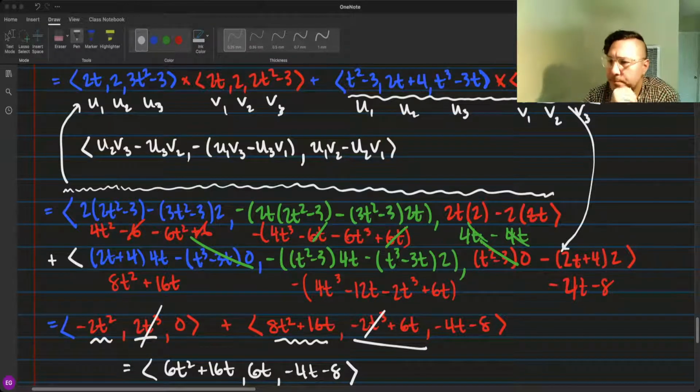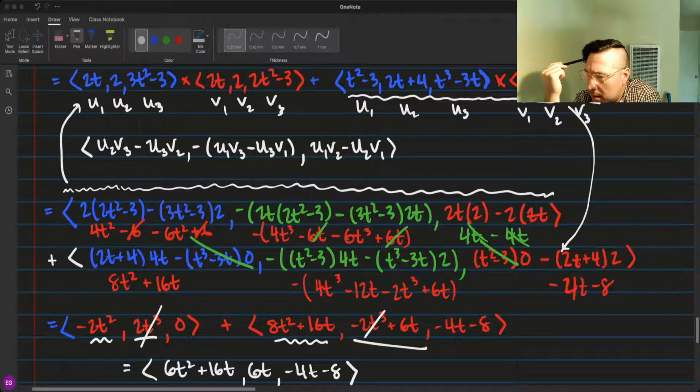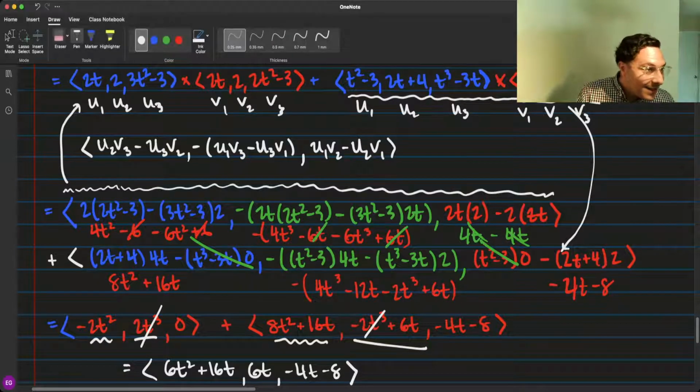Okay, let's see if I made a mistake somewhere. Oh, I messed up because I wrote it down wrong. No! Okay, I see the mistake.